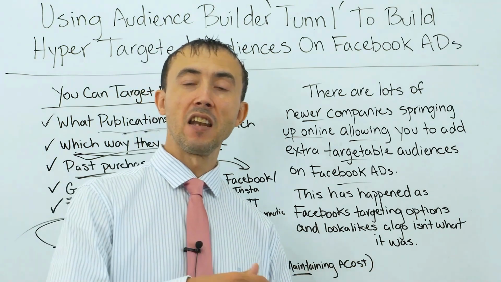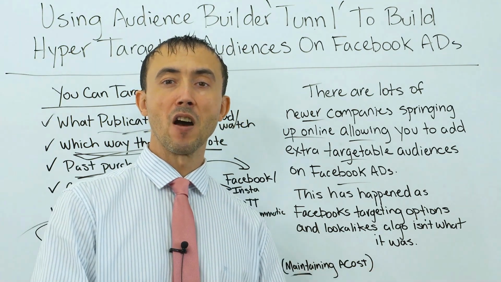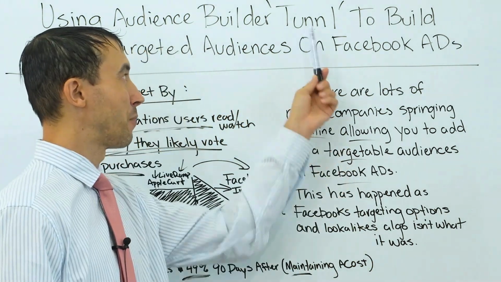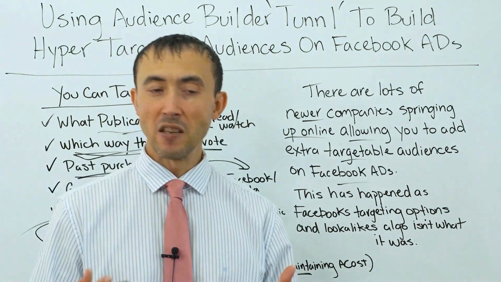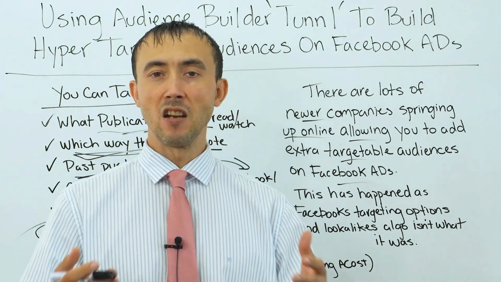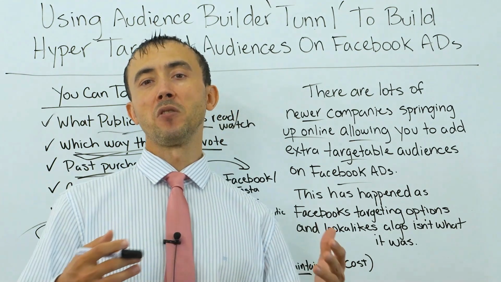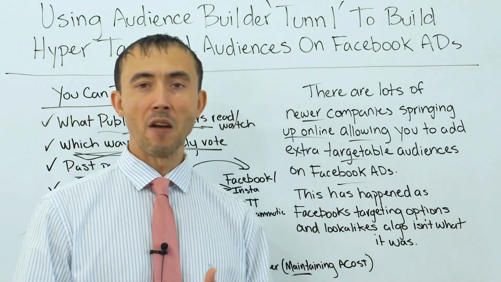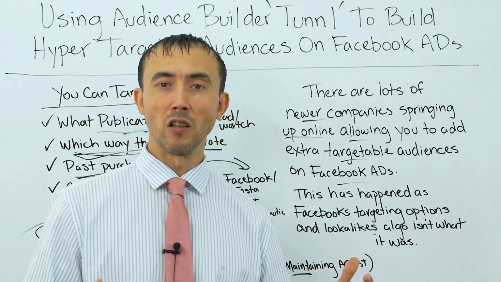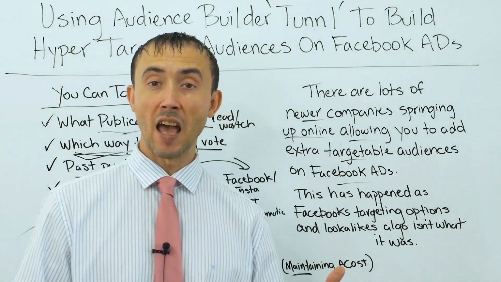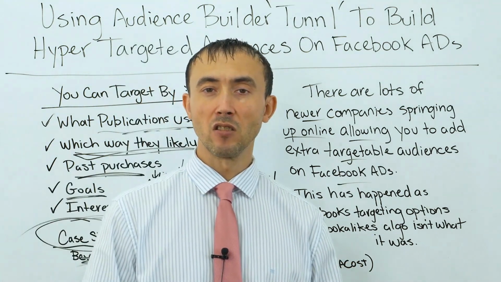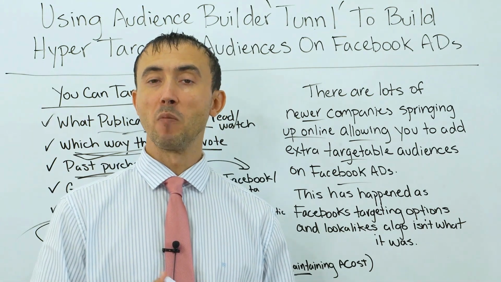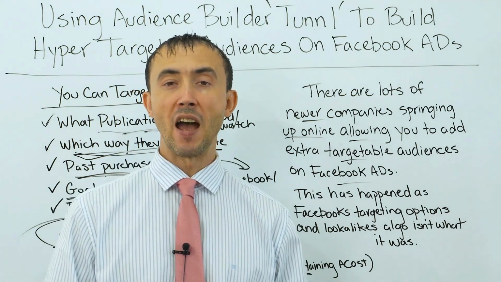When we reallocated it to targeting these specific audiences that were set up through Tunnl, it completely changed how much sales they were able to get. They were able to get to the audience they needed to get to and not spend 90% of their money on people that are never going to buy their product no matter how good it looks. That's a great example of a type of market where these audiences are going to help you make a lot more money, or actually make a profit from your ads at the end of the day.